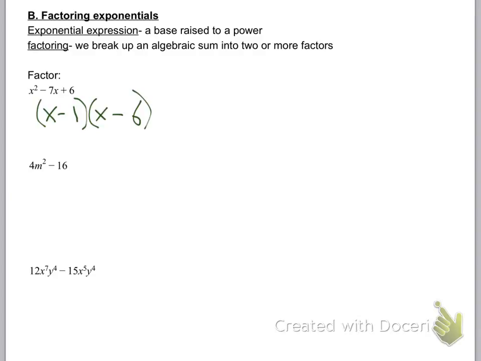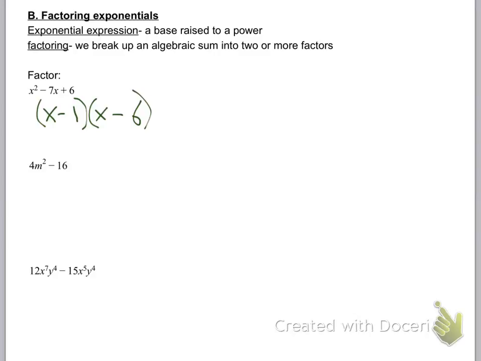Okay. Now, looking at our next problem. There's actually two ways to do this one. One is going to be a little bit quicker or maybe easier than the other method in the long run. But I have 4m squared minus 16. We're going to use a little bit of this technique today, but with cubes. Isn't that a perfect square minus a perfect square? So I can handle it as the difference of squares.